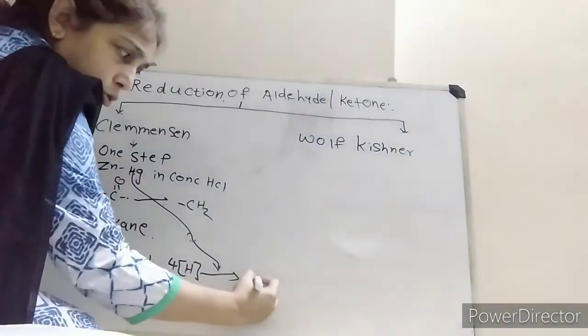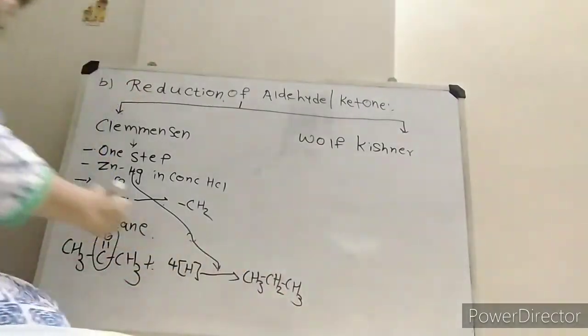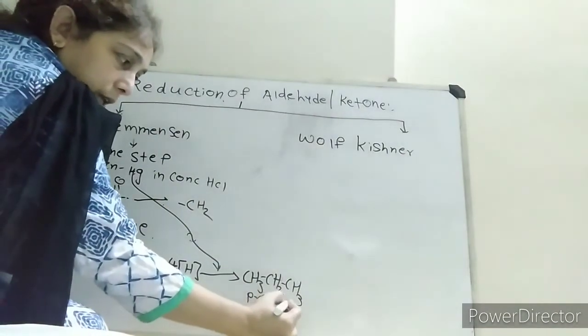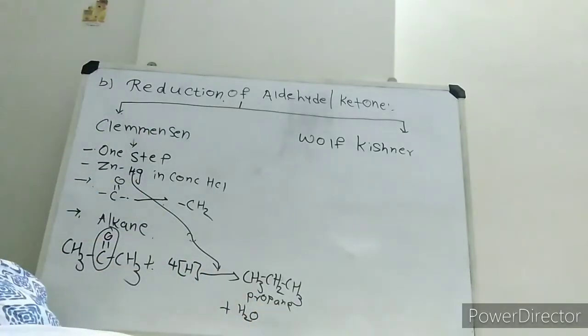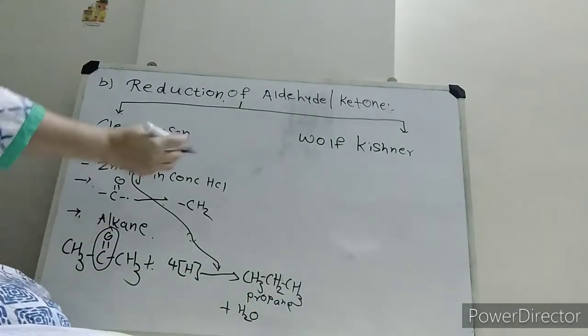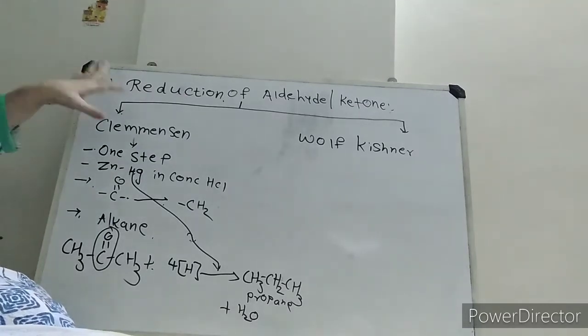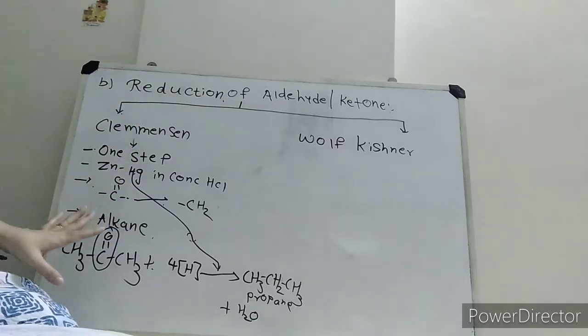So we write CH3, CH2 and CH3, which is known as propane, plus H2O. So from acetone we are getting propane with removal of a water molecule. This is about the Clemmensen reduction.